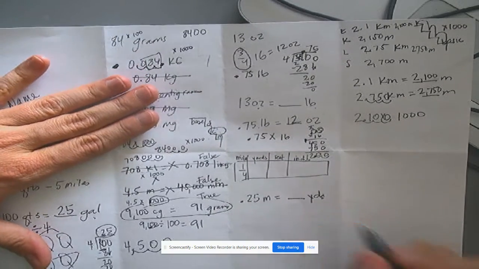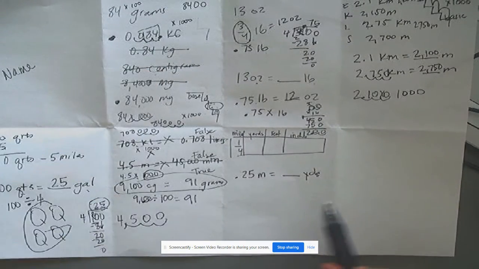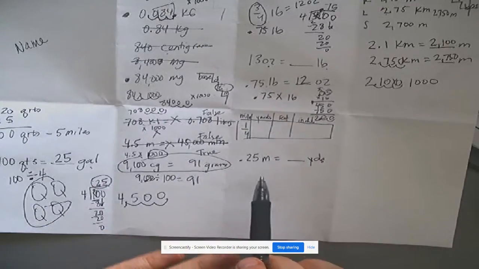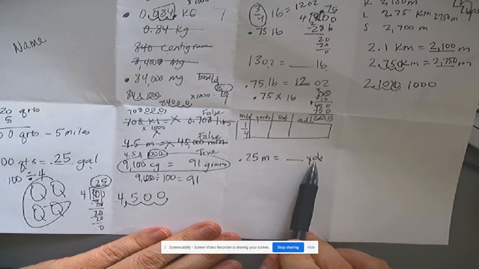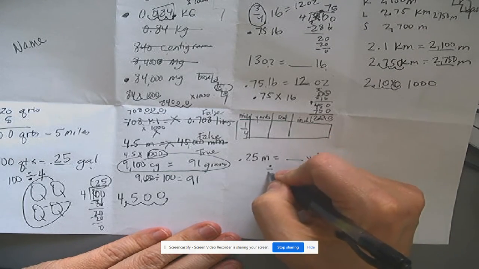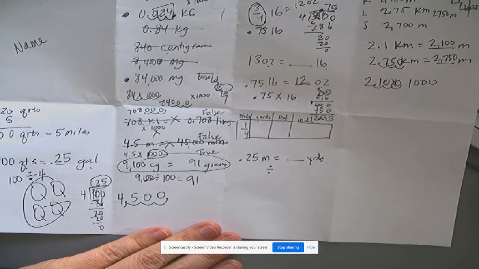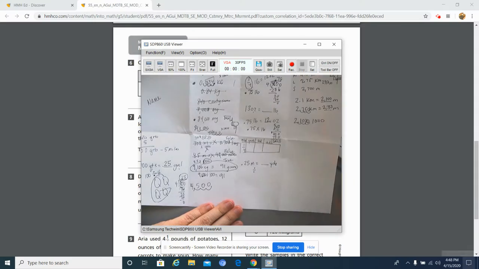Okay, and we'll start with this one right here. So first thing we ask, large to small, small to large. We're going small to large. Fly to horse, divide, of course. Okay. So, what number are we on? 6?